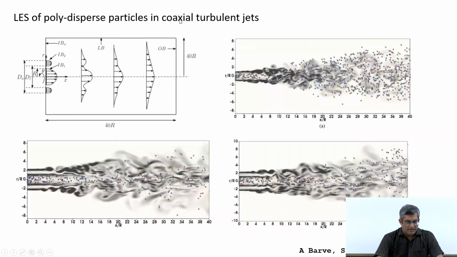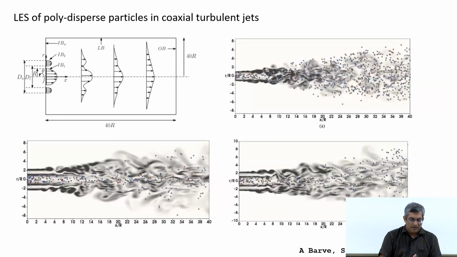This is an example of large eddy simulation of polydispersed particles in coaxial turbulent jets. In this case we have a turbulent jet at the center, and around this there is a co-flow of turbulent air also. So, you can say there are two jets, one central, one annular, and particles are added to the central jet.